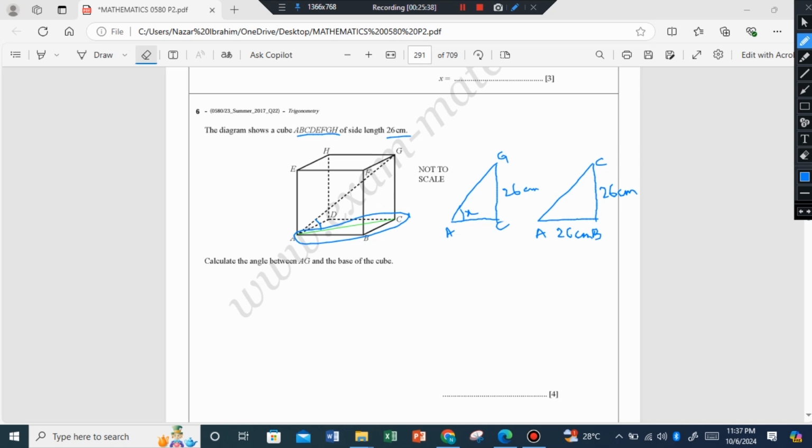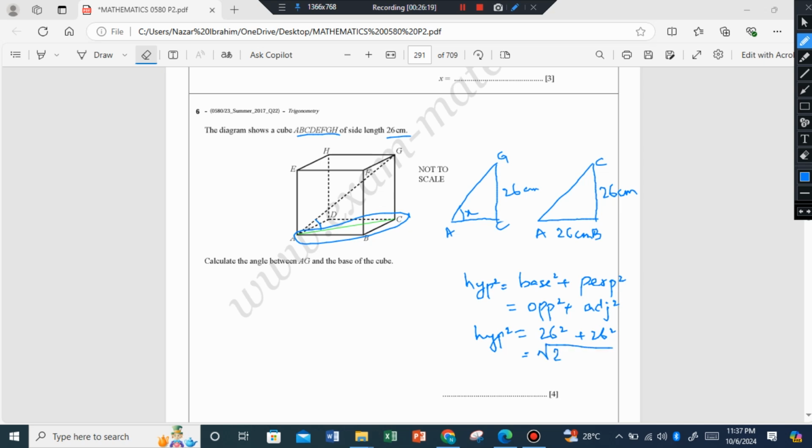What Pythagoras theorem says is that hypotenuse square is equal to base square plus perpendicular square. You can also say opposite square plus adjacent square, right? Doesn't matter. So 26 square plus 26 square will be equal to hypotenuse square, and then we take the square root to eliminate the square sign.